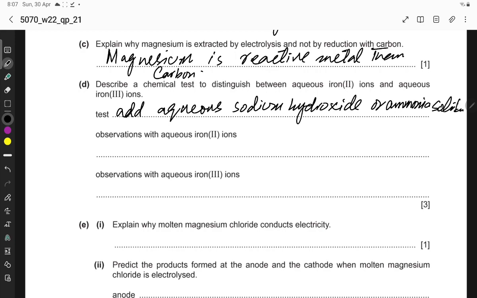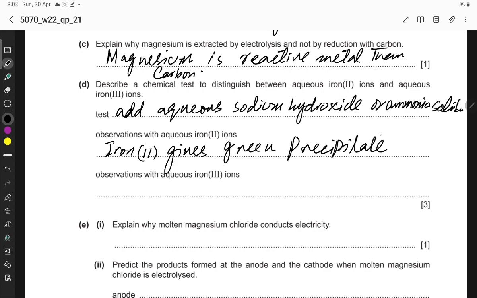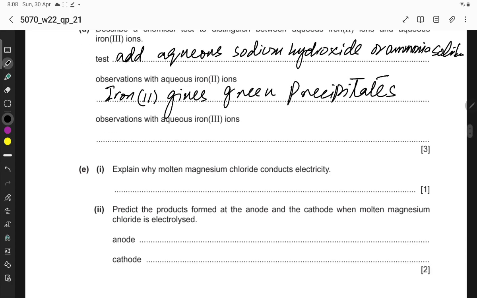Observation with aqueous iron 2 ions: iron 2 gives green precipitate, and iron 3 gives red brown precipitate.